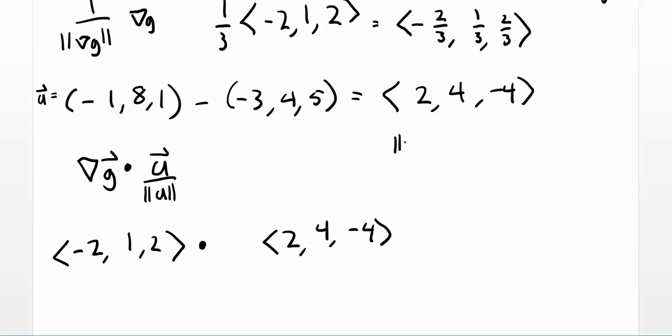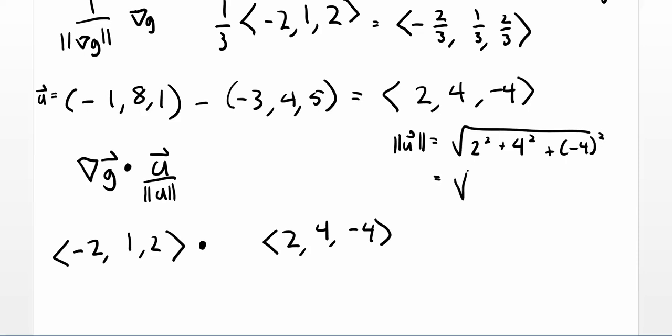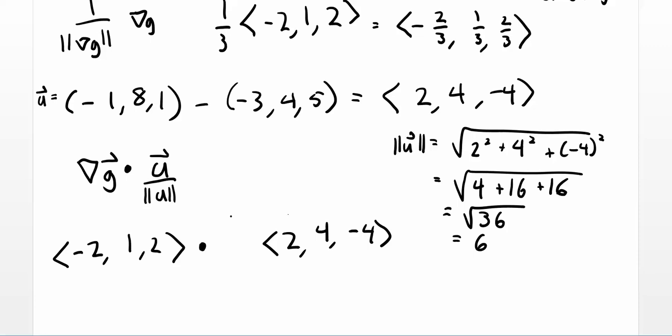And so the magnitude of u is the square root of 2 squared plus 4 squared plus negative 4 squared, which is the square root of 4 plus 16 plus 16. That's 32 plus 4 is 36, which is just 6. So that's what we have to rescale the vector by, 1/6 right there.